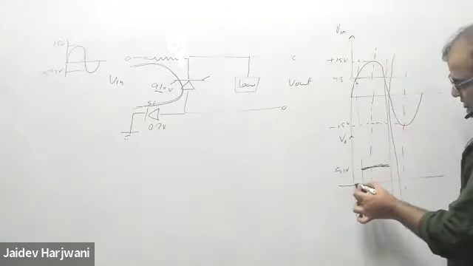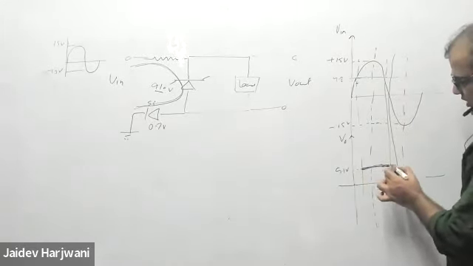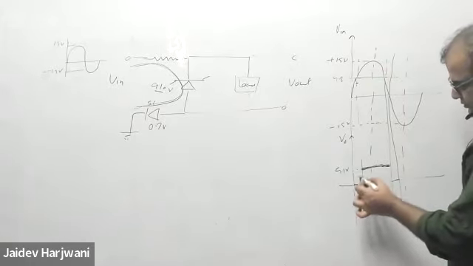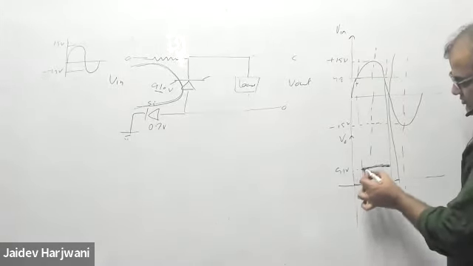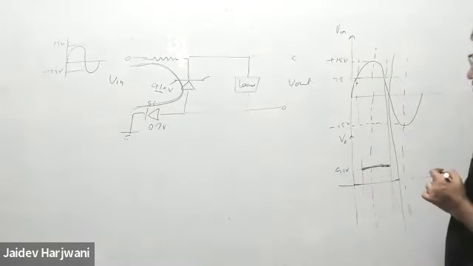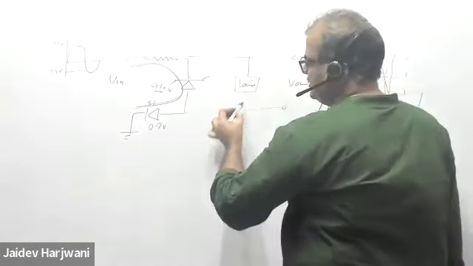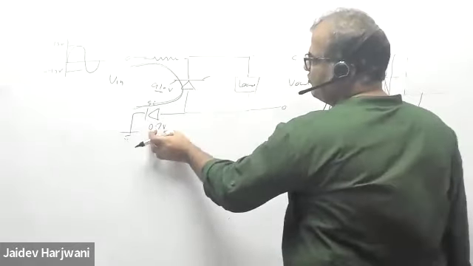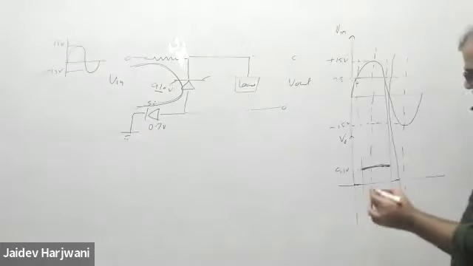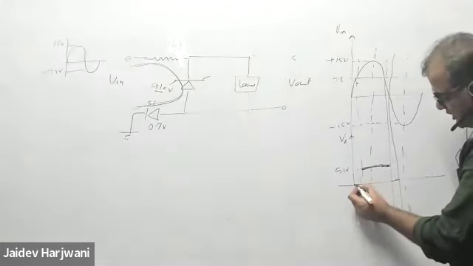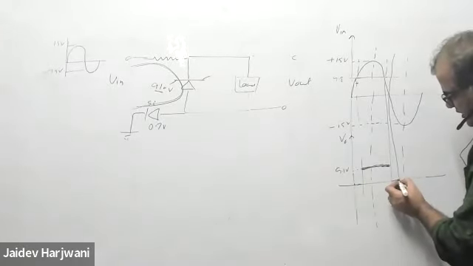Now what about these portions? What will happen in this portion? What is the value? Initially, if you want to go through this path, you require at least 0.7 volt here, so initially the voltage is 0.